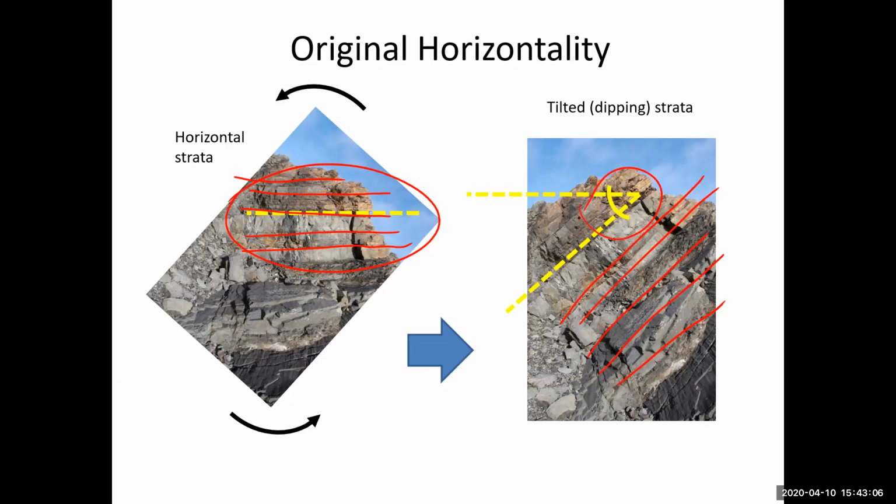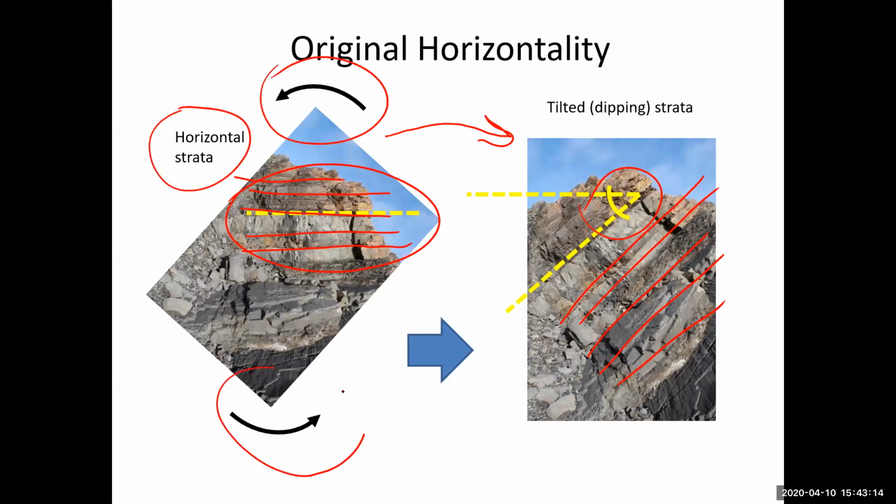And so going from here to here, then what's happened on the left is these horizontal strata have been rotated. So they're no longer horizontal anymore. The reason this relates to relative dating is it obviously means then that when we see a sequence of tilted strata, like we do on the right, that the tilting event must post-date the age of the rocks themselves.